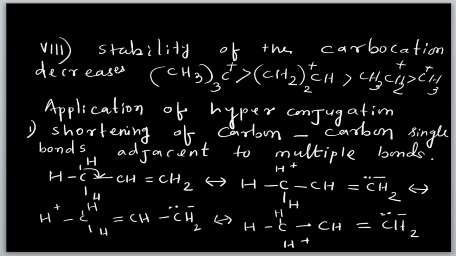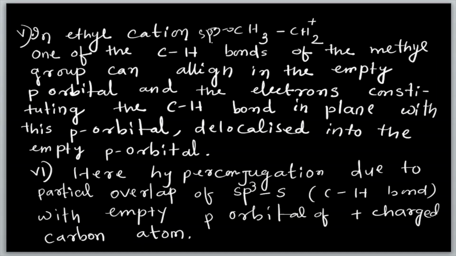So here, when the alkyl groups are more, the stabilization of the carbocation decreases towards the CH3 group. So tertiary is more stabilized than secondary, then the CH3CH2 group, then the CH3 group. That means the more alkyl groups there are, the more electrons can disperse to the positive charge, and that is why it is more stable.